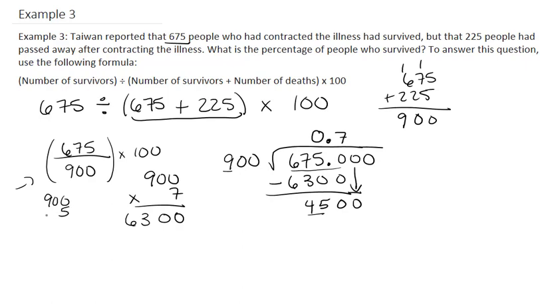So let's double check. 0 times 5 is 0, and then another 0, and then 5 times 9 is 45, which is perfect. So 900 goes into 4,500 5 times. We'll put a 5 above, and then we will subtract 4,500, and we get 0. So then we're done with the first part.